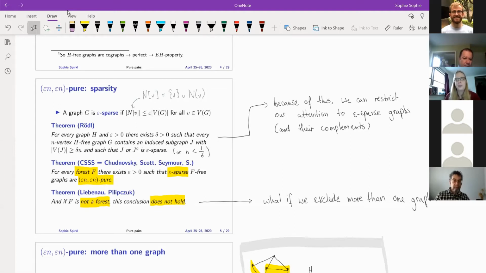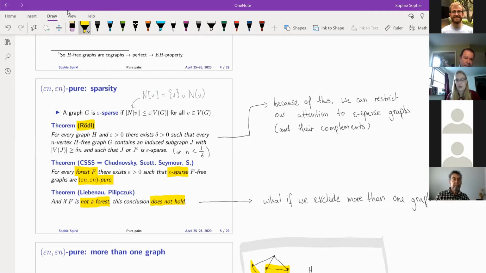And then there's a theorem of Rödl that goes kind of in the right direction, because it says if we exclude any graph as an induced subgraph, then any big graph that doesn't have our small induced subgraph has a linear size set that, while it doesn't have no edges or all edges, at least it's either dense or sparse.